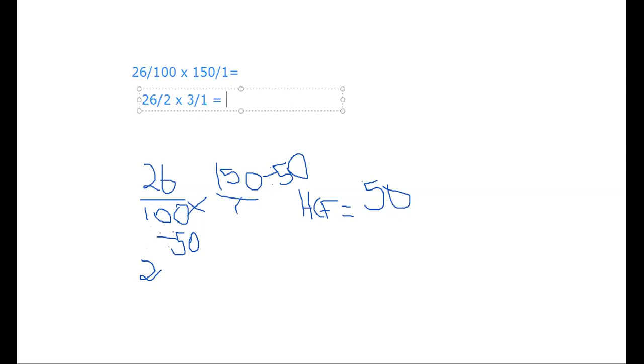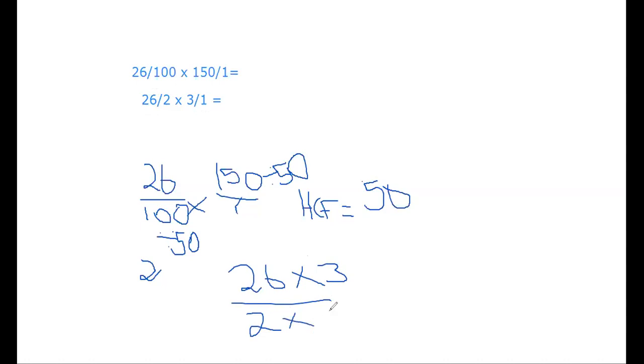So now we need to multiply them since we have our new fractions. So when we multiply, we have 26 multiplied by 3 over 2 multiplied by 1, right?